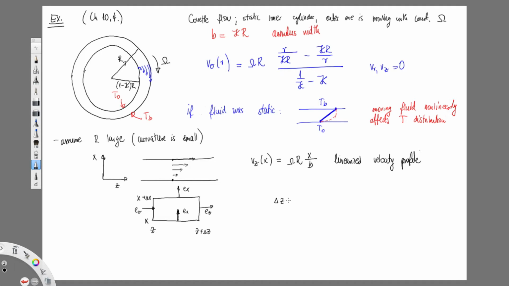This is the width into the paper, so to speak, so that my units work out. And my Ex evaluated at x. And I'm going to subtract what comes out on the upper boundary, so minus delta Z W, Ex evaluated at x plus delta x.